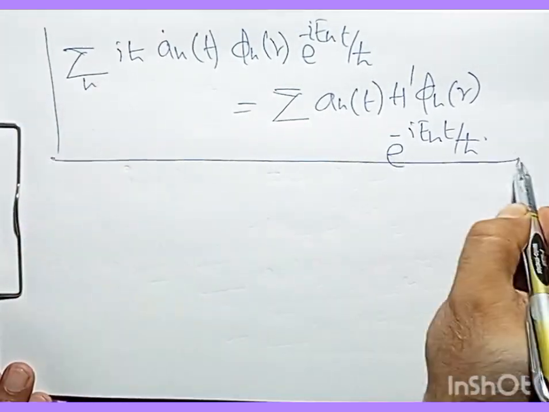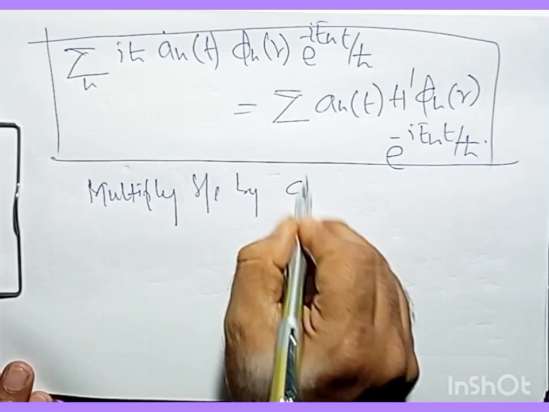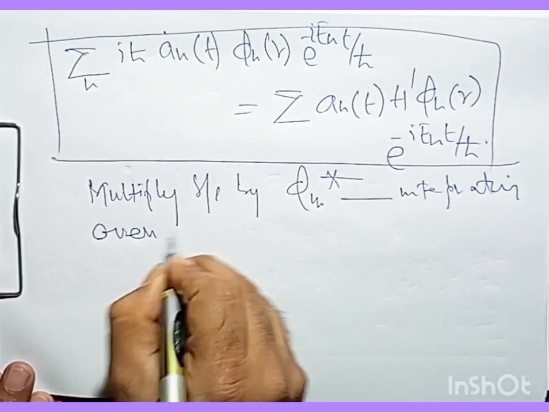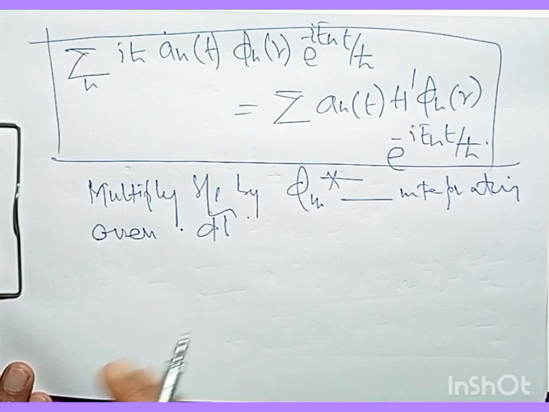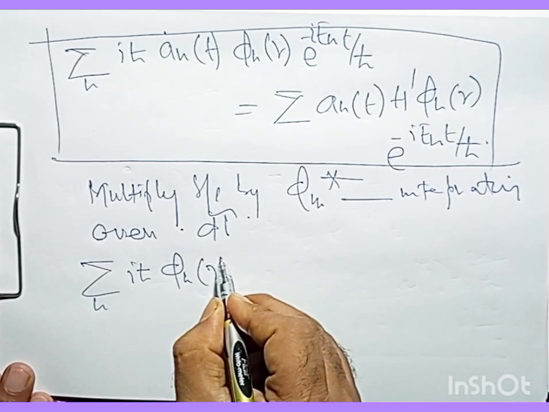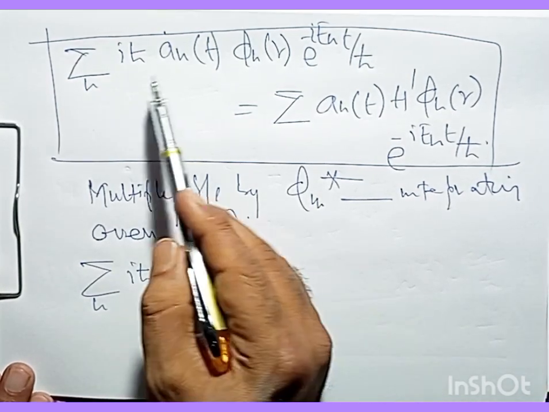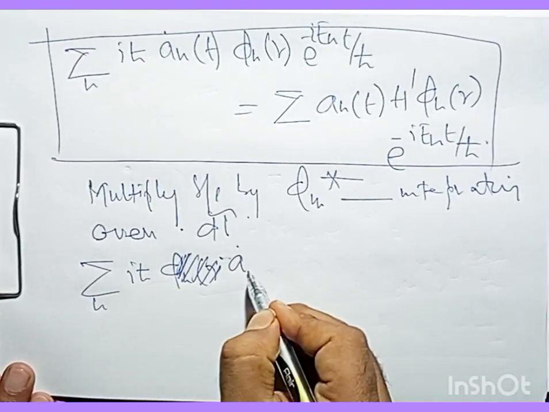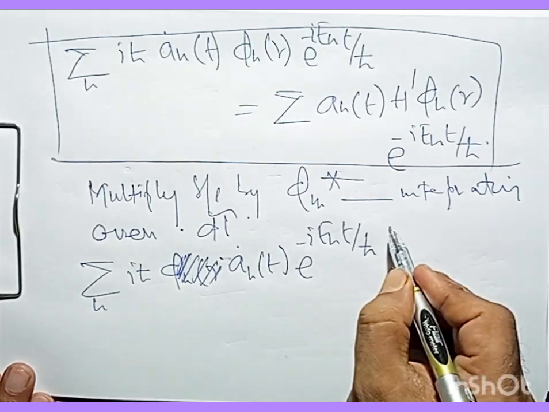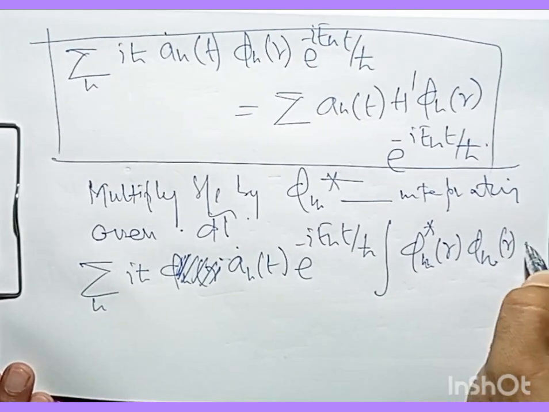Now, if we look at this equation and multiply both sides by phi m star and integrate over d tau, or the volume, what we will have here is sigma n i h cross, and a dot n of t will be out, e to the power of minus iota E n t by h cross will be out, and the integral phi m star of r and phi n of r d tau.